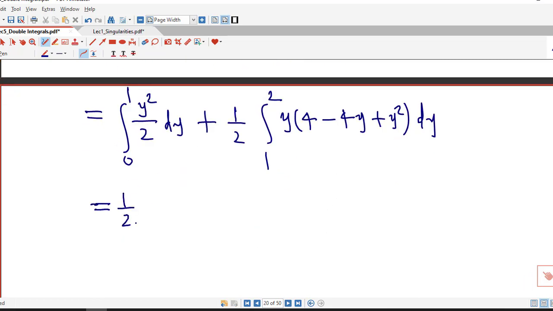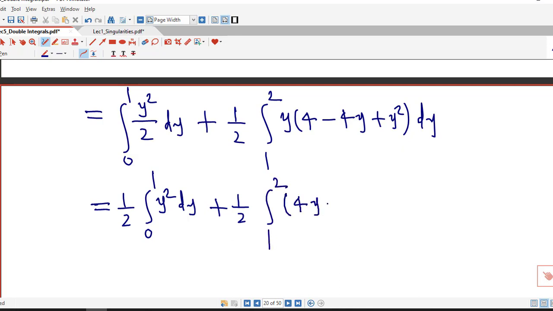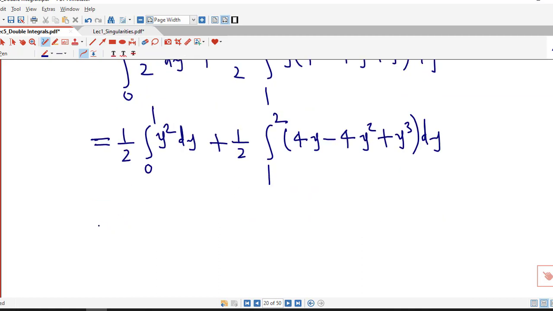Here also we can take 1 by 2 outside, we keep this as it is, plus 1 by 2 integral from 1 to 2. So now we multiply with y, so 4y square plus y cube dy. Now we are able to integrate, so here integral of y square is y cube by 3, limits are from 0 to 1 plus 1 by 2.